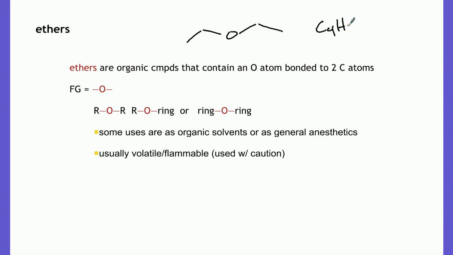There should be 10 hydrogens on those 4 carbons, and then there's an oxygen, right? Sometimes that formula would be written differently though, because really it's CH3CH2O CH2CH3, right? That oxygen's kind of in the middle of those 2 ethyl groups in this molecule.